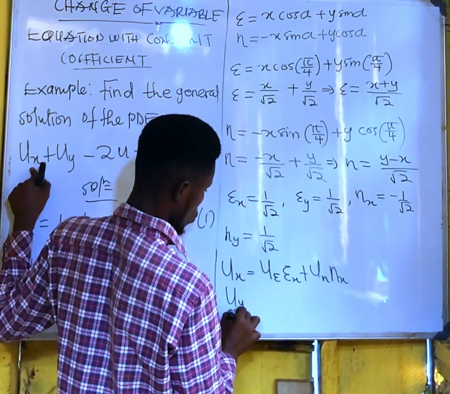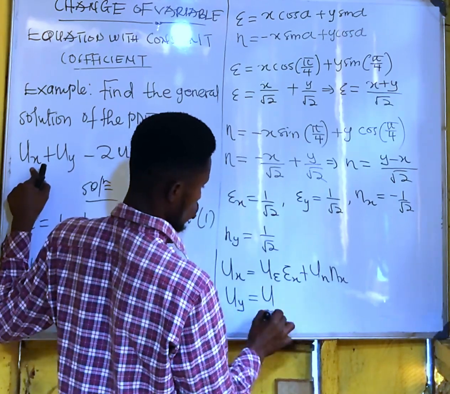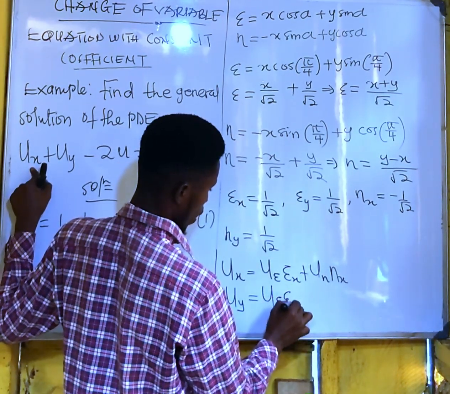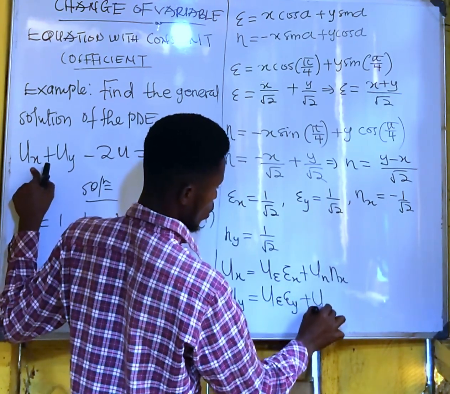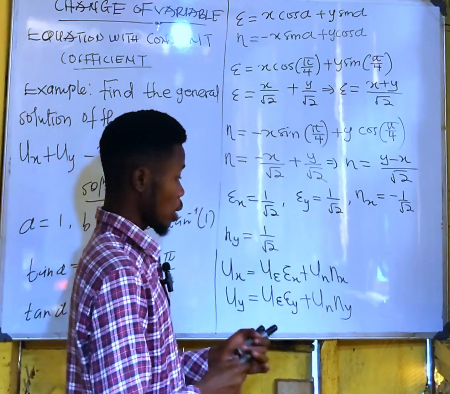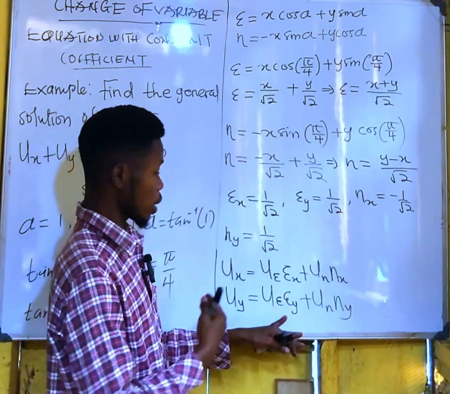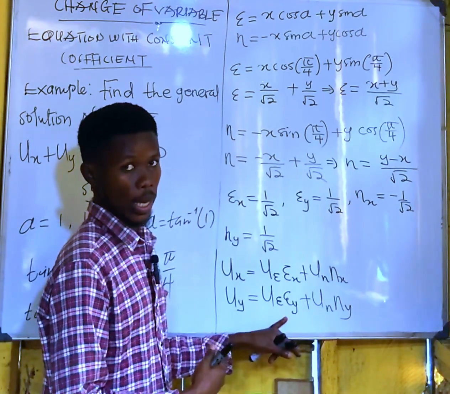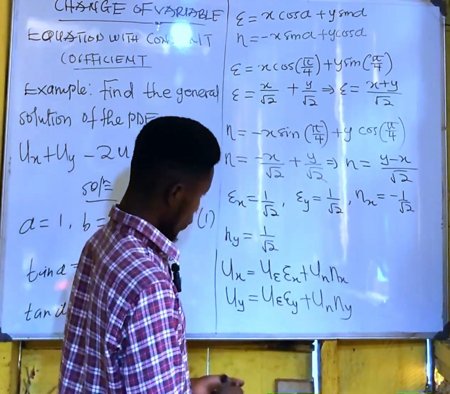Then u subscript y is also u xi xi y plus u eta eta y. But I gave you a tree that you can use to do that. So if you can't memorize this the way I'm writing, you can use the tree to also get the answer. Is that okay? Good.